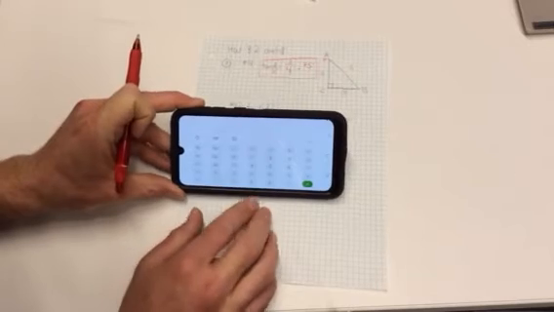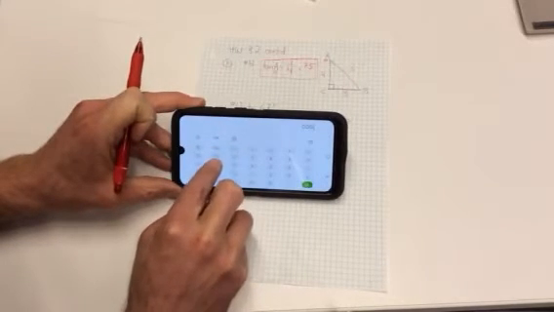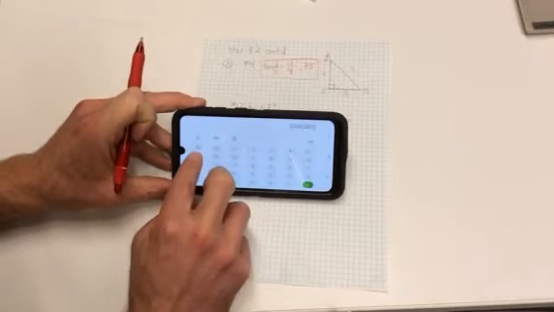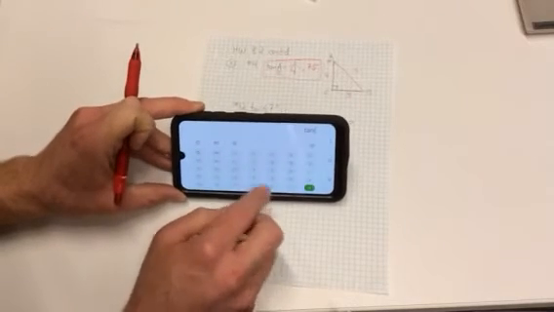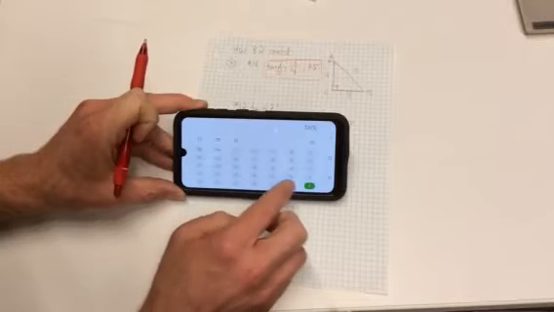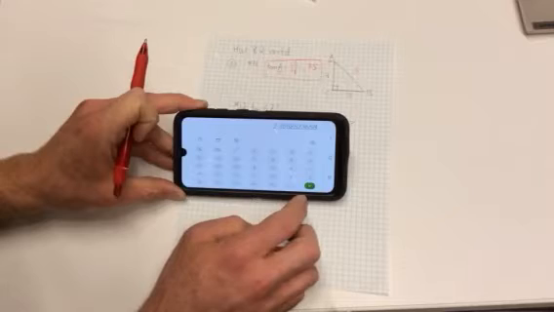You're just going to hit your tangent button. Notice I've got sine, cosine, tangent, log, all these options. This time I'm just going to hit tangent of 67 degrees, equals.